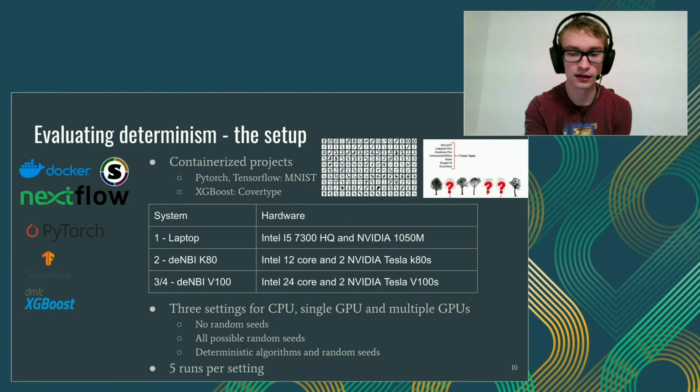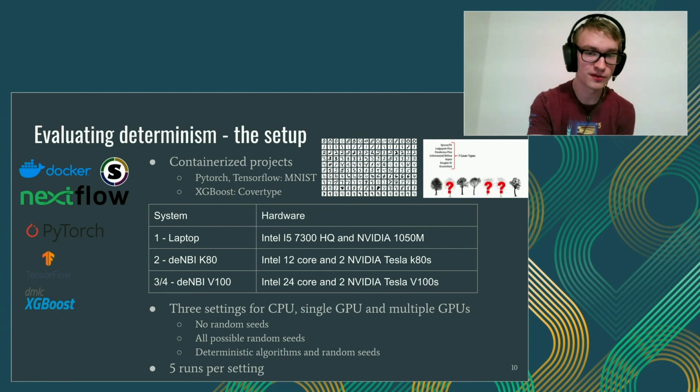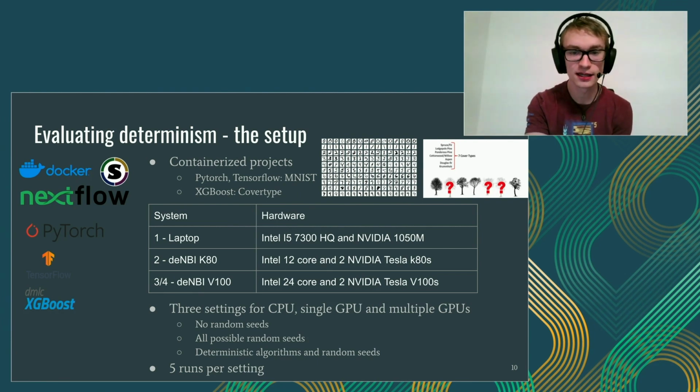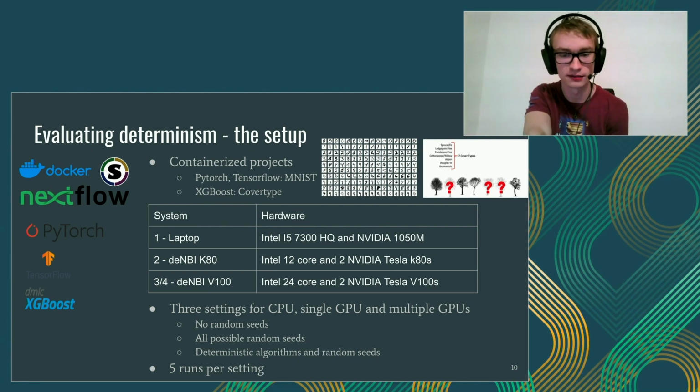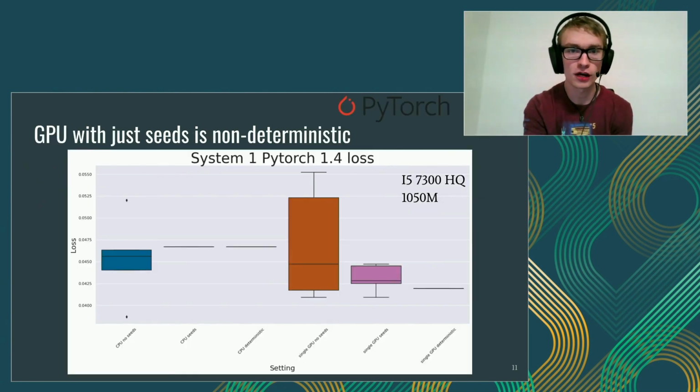It's basically our basis hypothesis. Then with all possible random seeds set, and then with the deterministic algorithms that I just mentioned enabled, and with all random seeds set. And I was basically running those settings 5 times per setting. In the following, we will only look at the PyTorch results due to the interest of time, but the TensorFlow and XGBoost results basically tell a similar story.